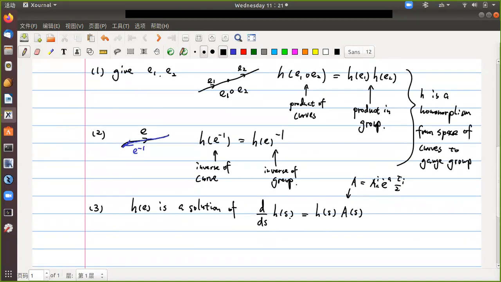And here H of s is the unknown, it's a matrix. Clearly A is a 2x2 matrix, so H is also a 2x2 matrix. This is what we want to solve.